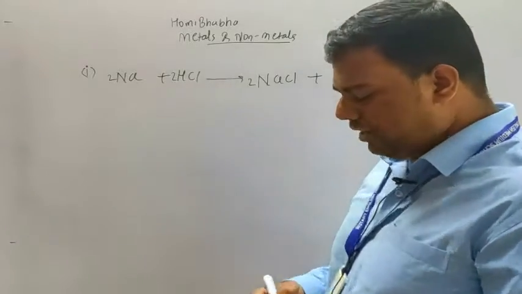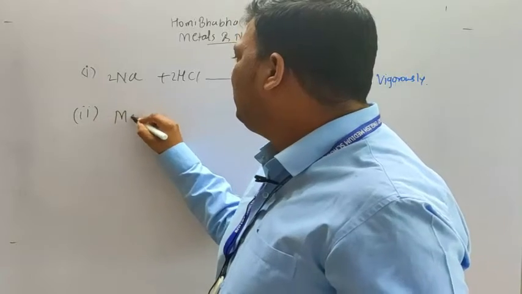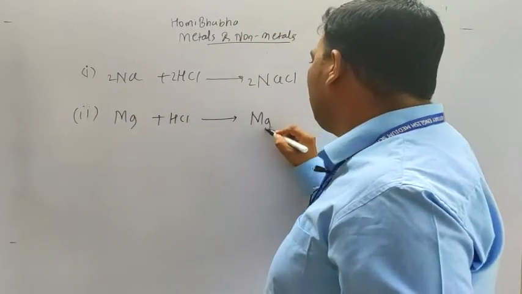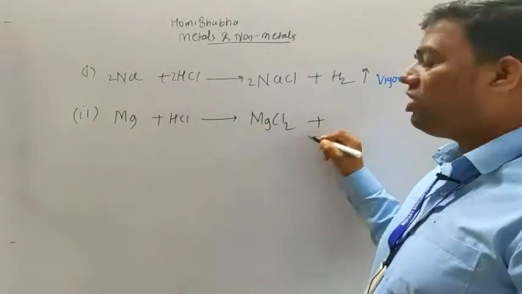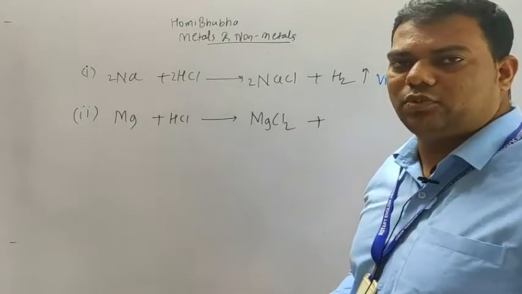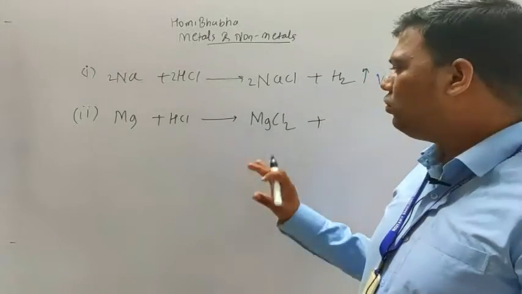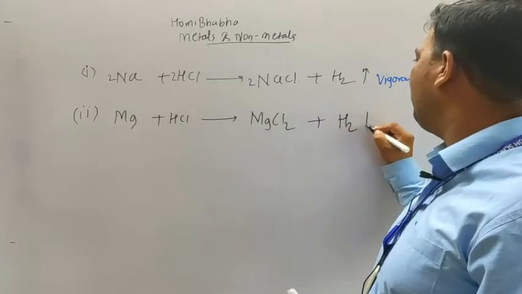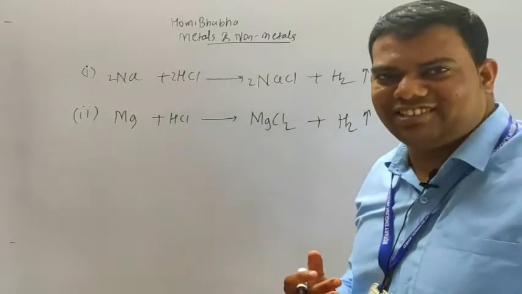Suppose we are thinking about magnesium. Then Mg plus HCl, what do they give us? MgCl2, a stable binary compound, and you have to balance with the cross valency also. Whatever the valency, Mg2+ and Cl minus, we also have to think about that. Now here H2 gas will evolve, but less vigorously.